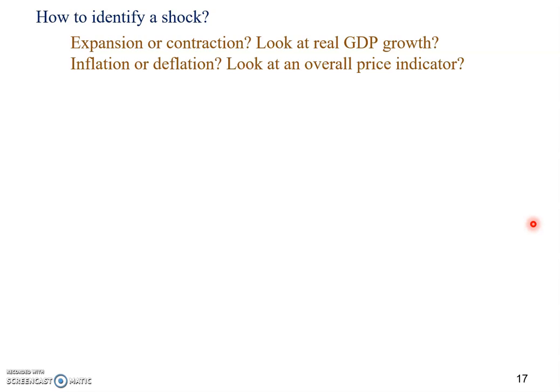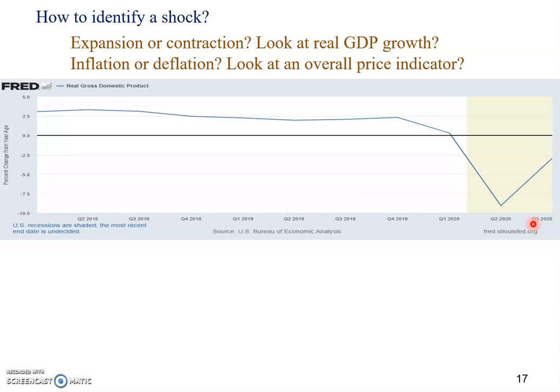And for inflation, deflation, we need to look at the overall price indicator. So we have the GDP deflator or CPI, right? We can look at. Now here, if we look at the real GDP growth rate, the vertical axis is a percentage change from a year ago. So this is the annual growth rate. And the horizontal axis is just quarter, because for GDP we have quarterly data.